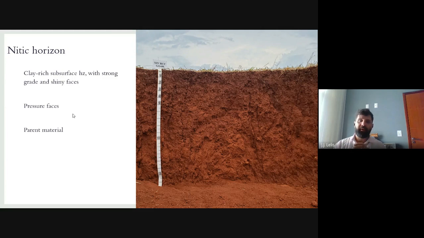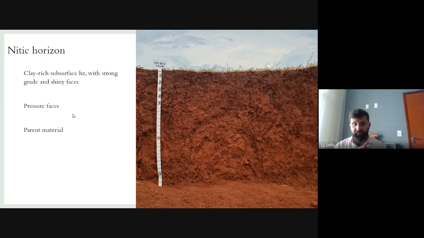The nitic horizon is usually related to materials that are easily weathered and produce a lot of clay, like mafic igneous rocks, like basalt, diabase, and gabbro. They usually can be easily weathered and produce a lot of clay.